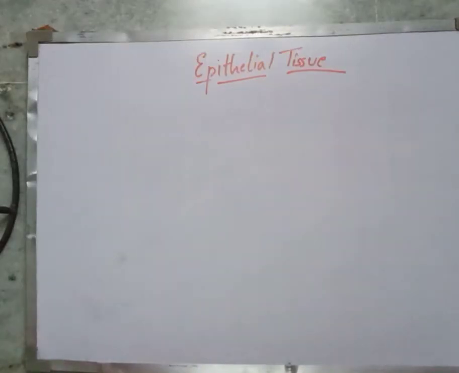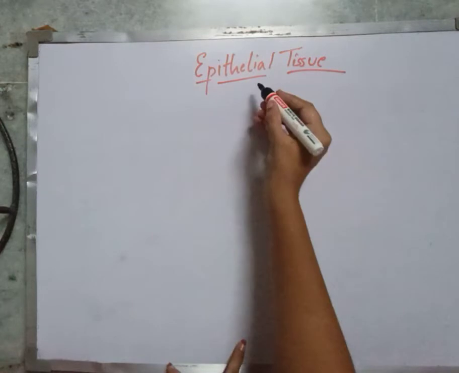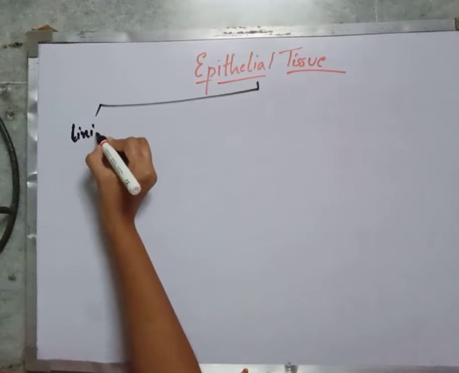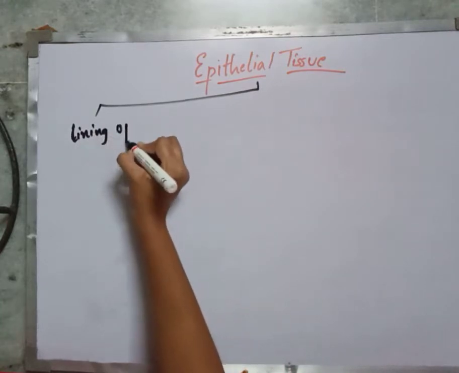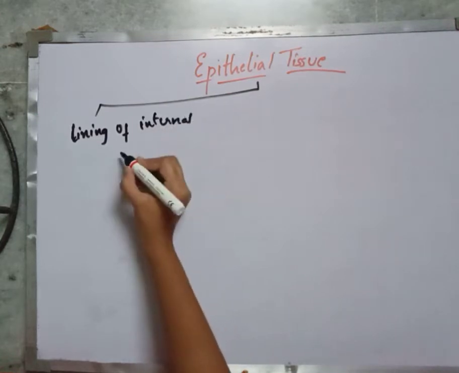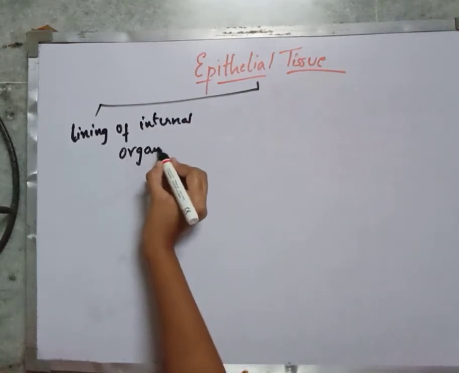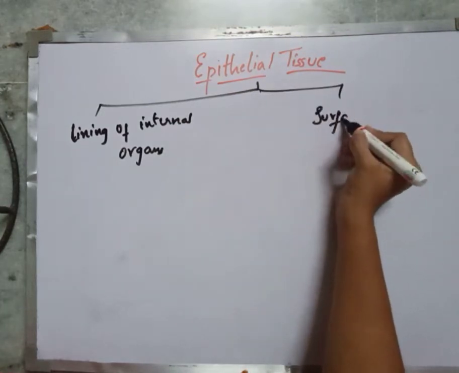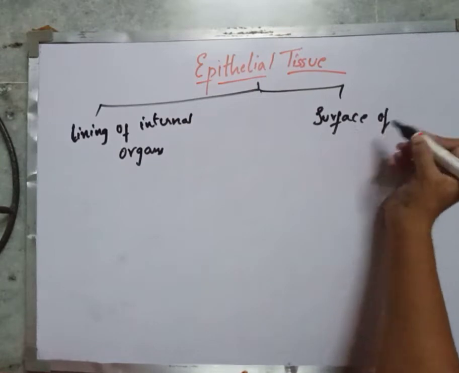Let us learn about epithelial tissue in detail. Location means where the epithelial tissues are found in the body. They are found in the lining of internal organs and on the external surface of the body, which is nothing but the skin.